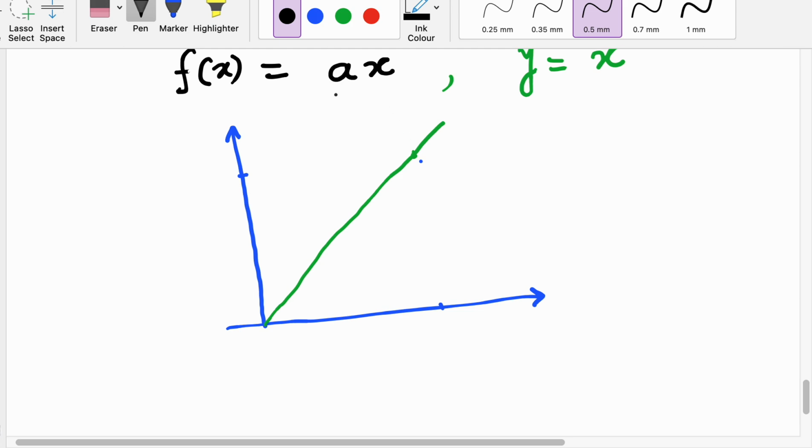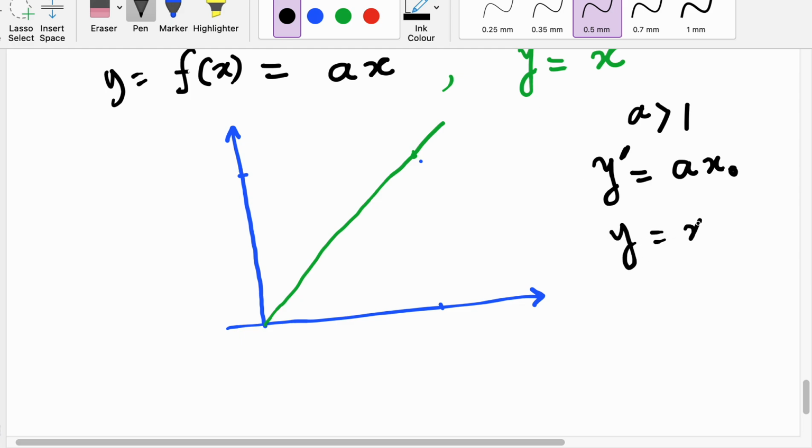Now depending upon a, the line will be there. So first let me draw the case a greater than 1. If a is greater than 1, then it will be y prime equal to ax. Since a is greater than 1, we can see that y prime is greater than y.